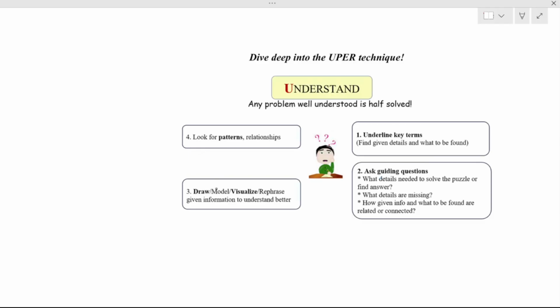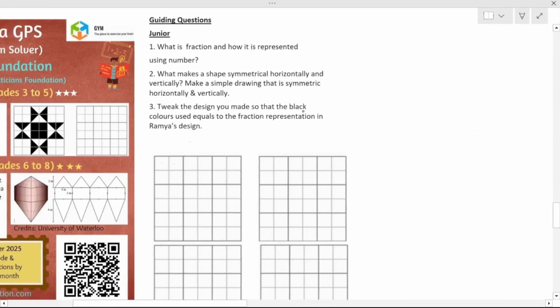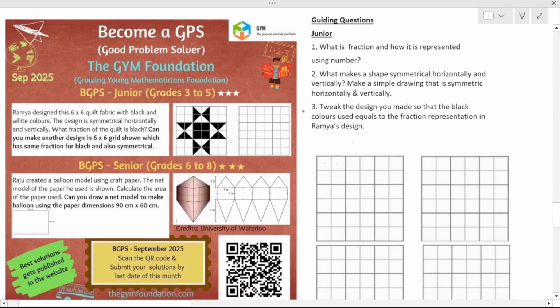The third approach is drawing, modeling, visualizing or rephrasing the given information so that they can get hold of what is given and what is asked, and look for patterns and relationships. So these are the important approaches to comprehend a problem better. In this video, we will see how children can improve their understanding of a problem, come up with a plan, execute it, and also reflect on their working.